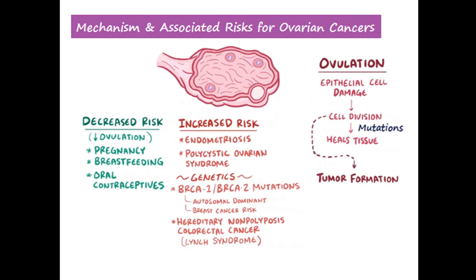These mutations are inherited in an autosomal dominant pattern. There is another condition known as hereditary non-polyposis colorectal cancer, also known as Lynch syndrome. And in Lynch syndrome, the risk for many tumors is increased, including the ovarian tumors.